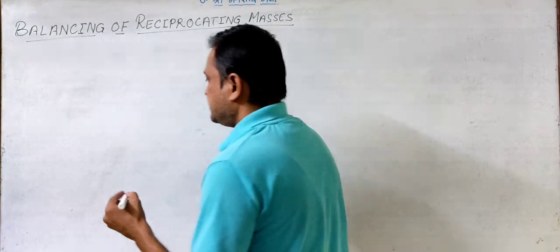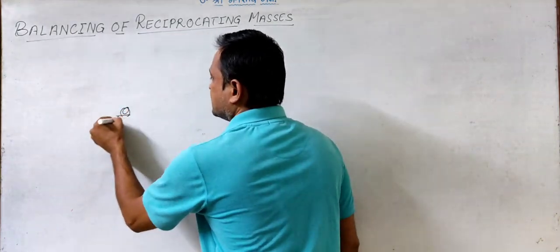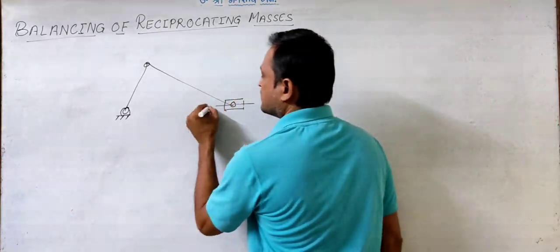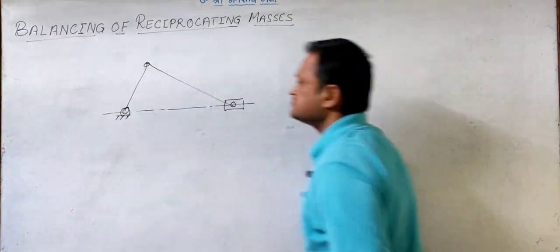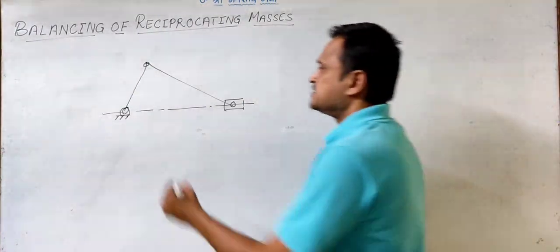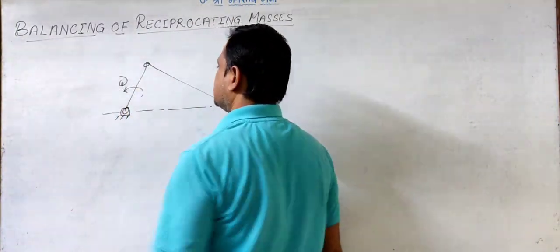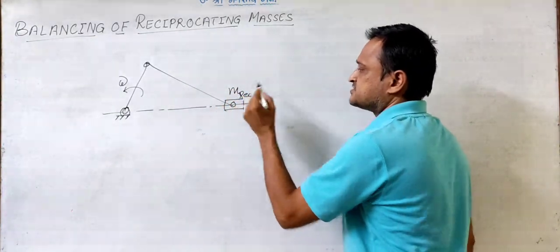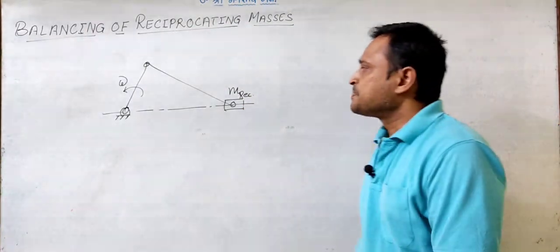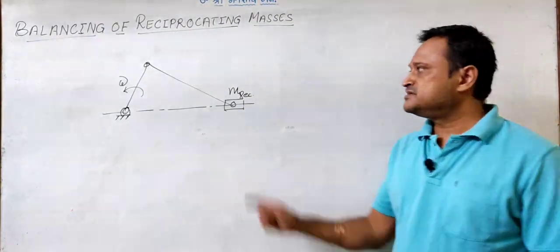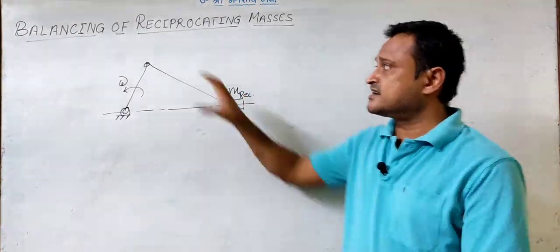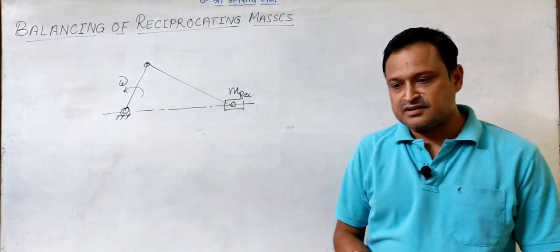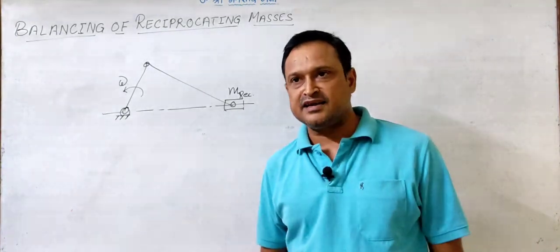So, we have also seen that if this is our system, a slider crank mechanism, which is turning at some angular velocity omega, and this is having some mass m, which is a reciprocating mass. Now, what we are doing is we are treating this mass to be placed at the crank pin, which is having a rotary effect, and then we are balancing it.